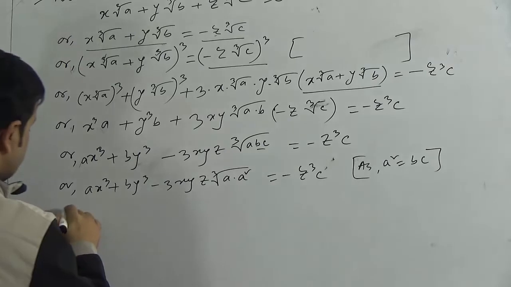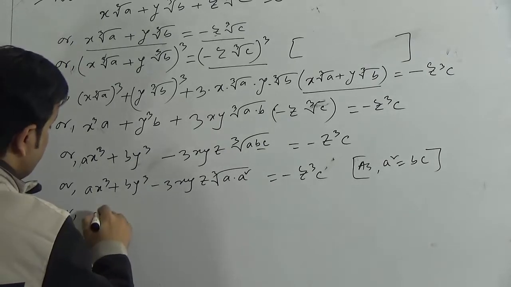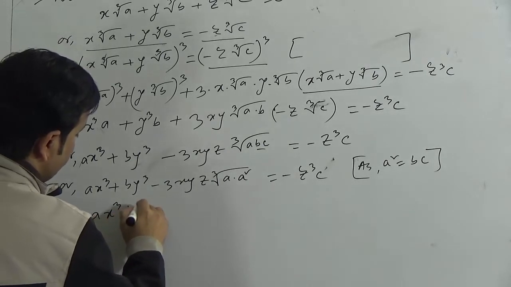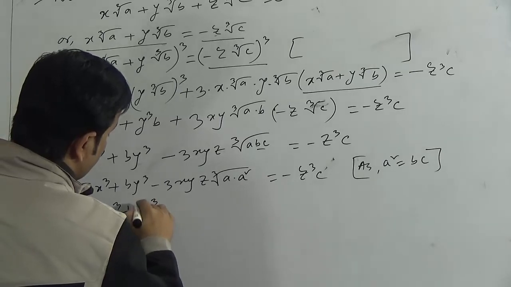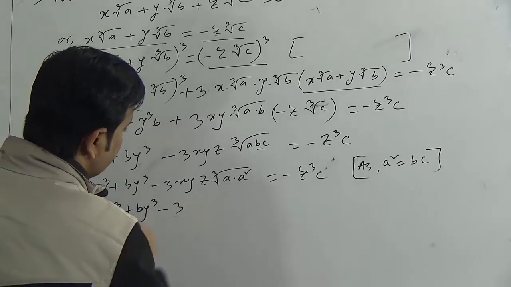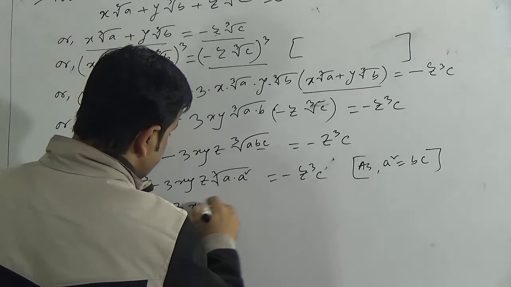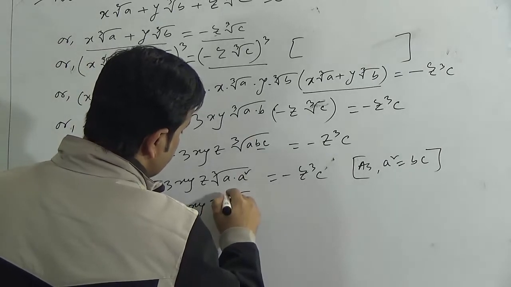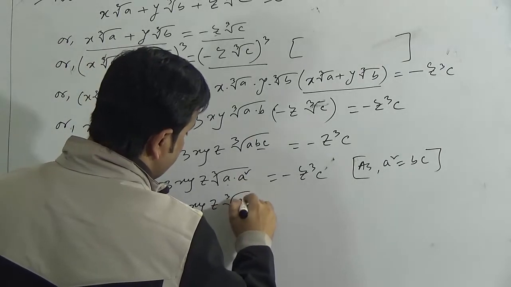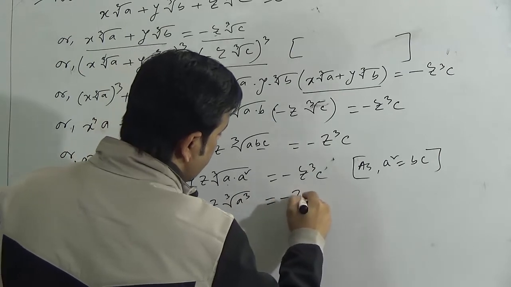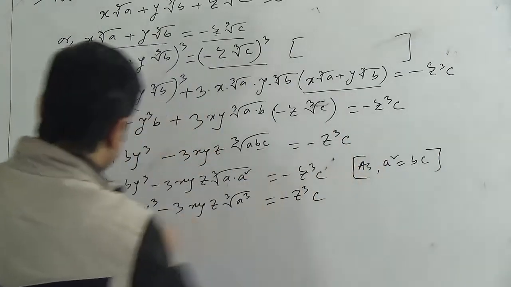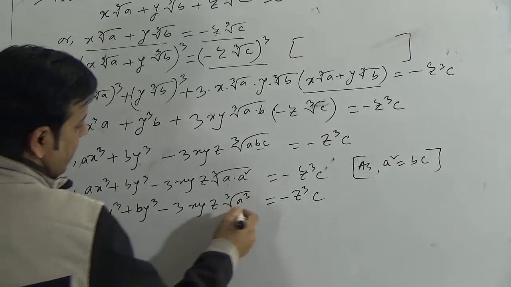So we can write here a x cube plus b y cube minus 3 x y z, cubic root A into a square means a cube, that is equal to minus z cube C.